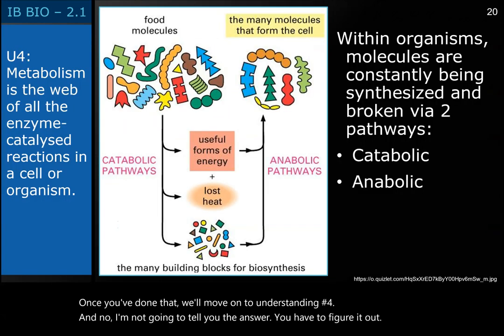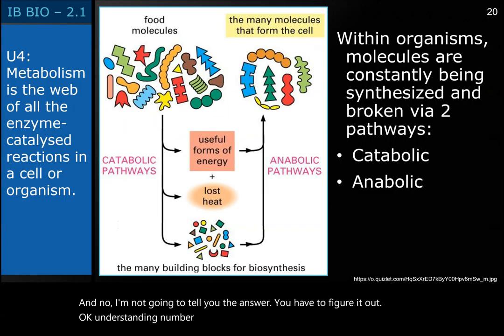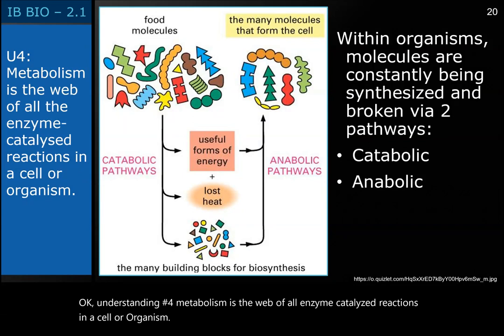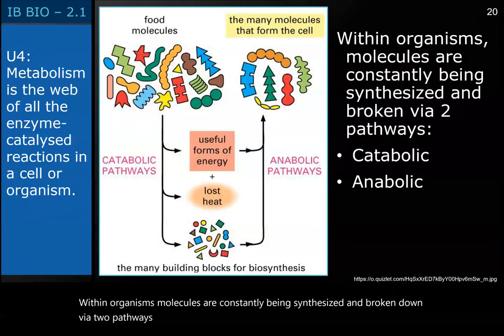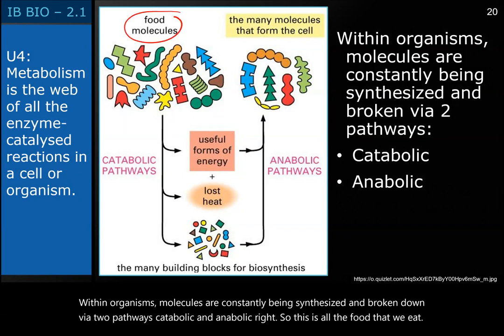Okay, understanding number 4. Metabolism is the web of all enzyme catalyzed reactions in a cellular organism. So, within organisms, molecules are constantly being synthesized and broken down via 2 pathways, catabolic and anabolic, right? So, this is all the food that we eat. We take it in and we break it down.